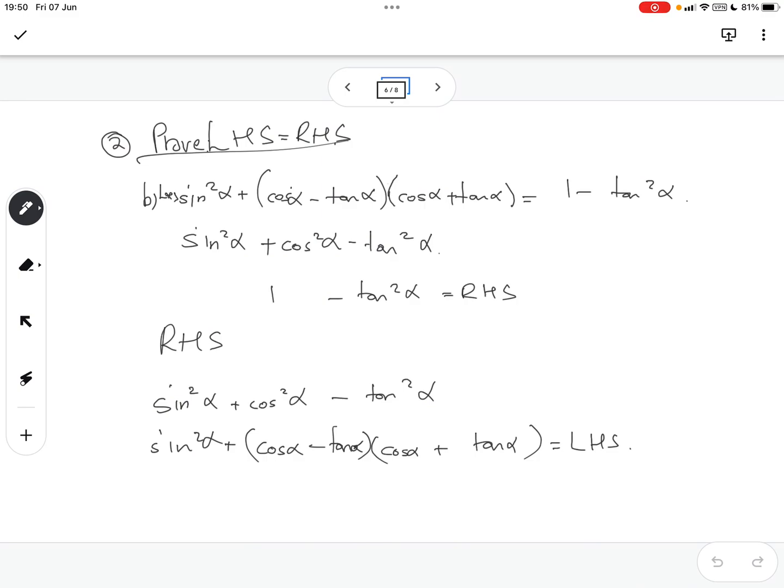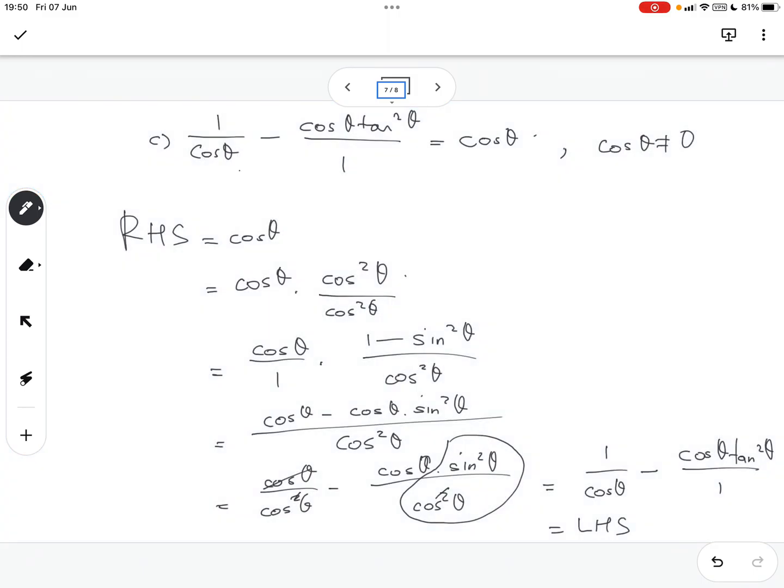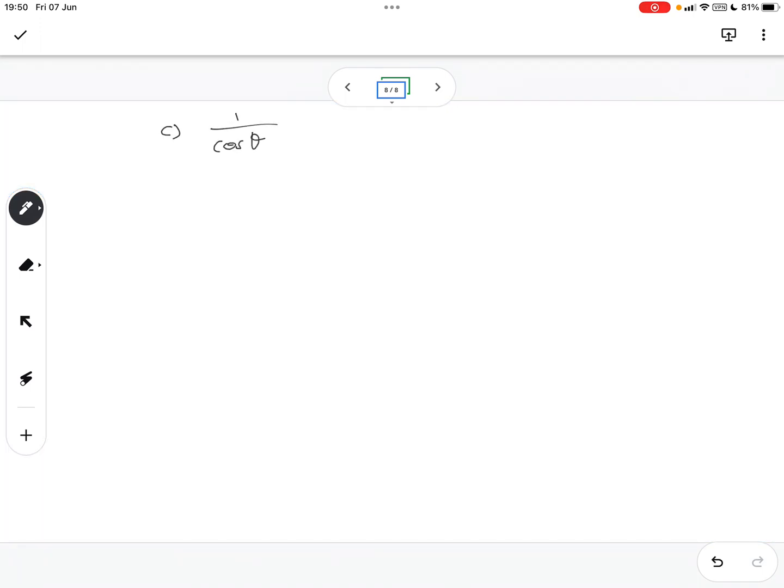So firstly, cos theta must not equal 0. That's our restriction. And I think here we didn't have a restriction. It wasn't necessary. But here it's necessary because we have a fraction. So when we have a fraction, we look at the denominator, and that denominator, because we don't know the angle, must not give us 0.